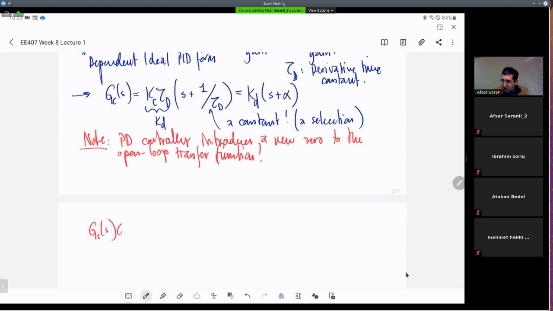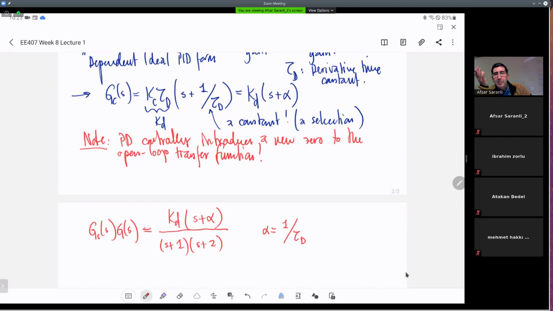GC of S, G of S becomes now KD times S plus alpha over S plus 1, S plus 2, and alpha is defined as 1 over tau d. It's a choice because it's the parameter of the derivative controller. Okay, we can choose what tau d should be, and henceforth we can choose what alpha would be.